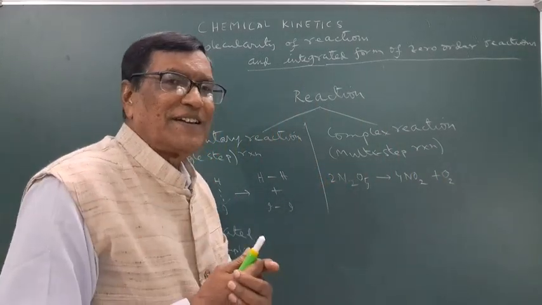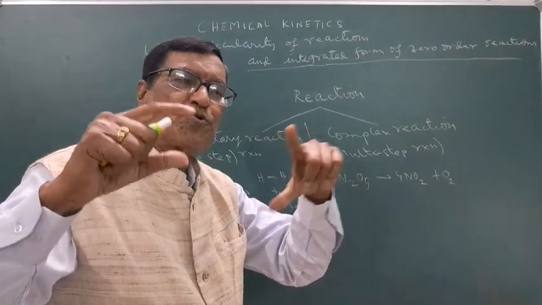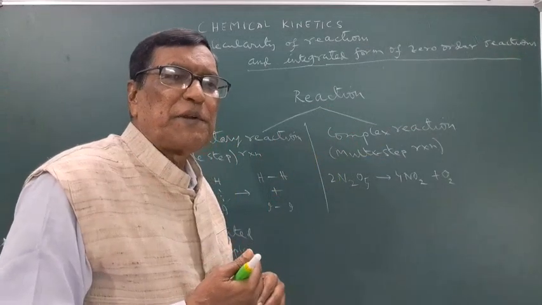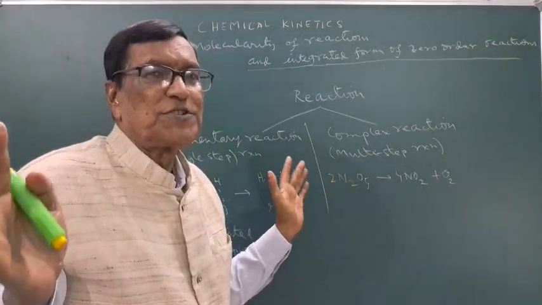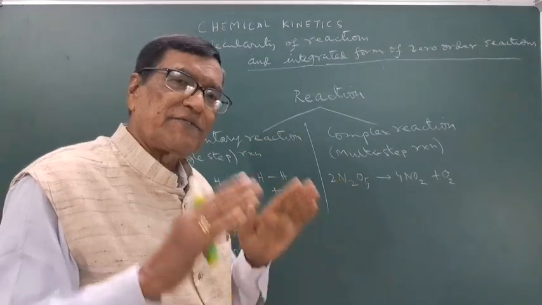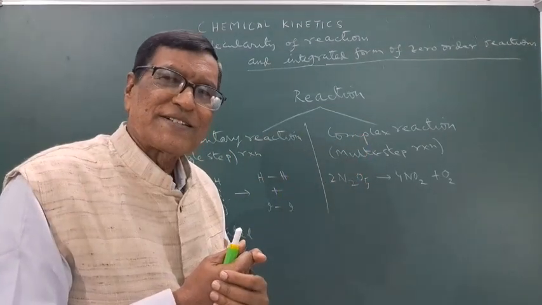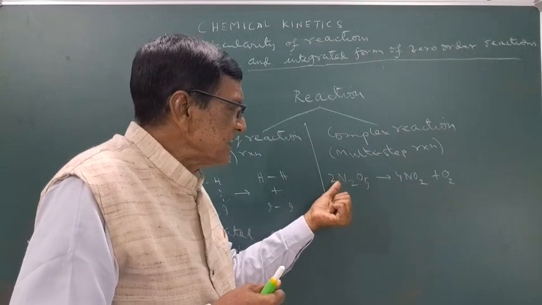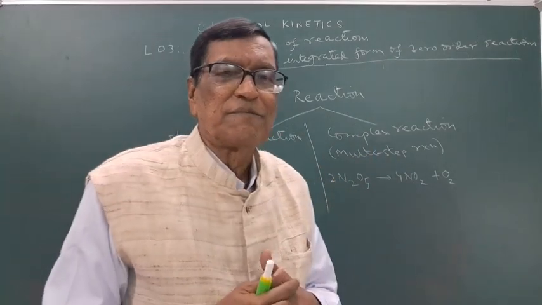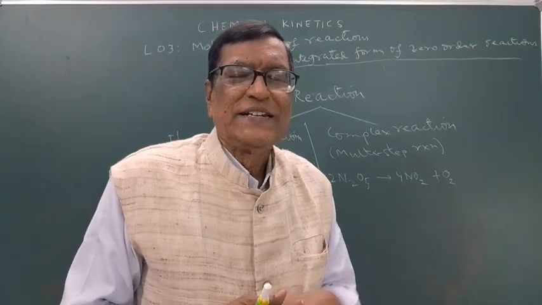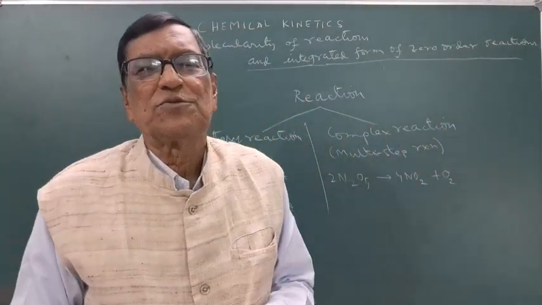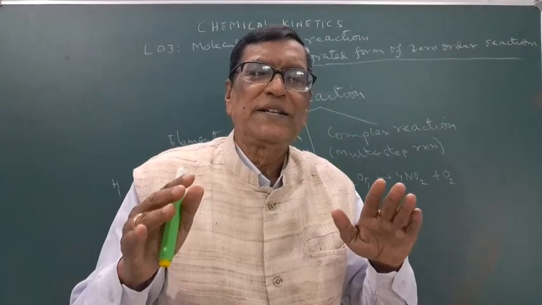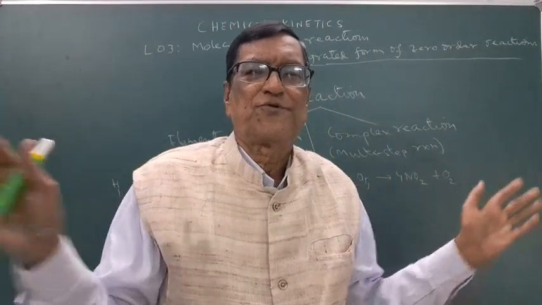I have also shown you in my previous class that this reaction follows first order kinetics. But this is not an elementary reaction. It proceeds in steps. In fact, most of the reactions will proceed in several steps.